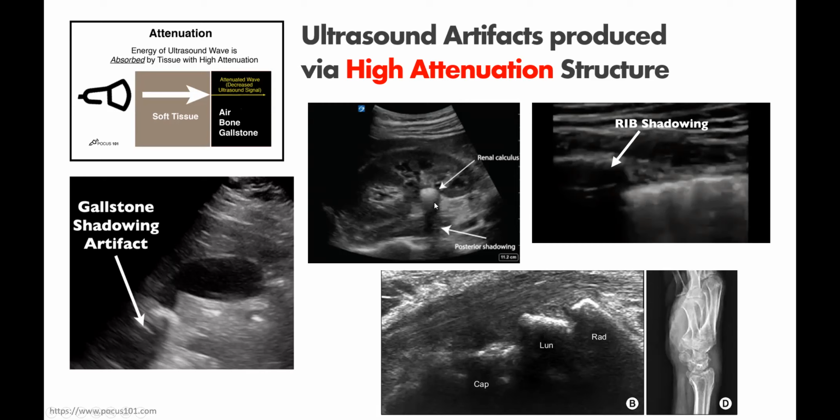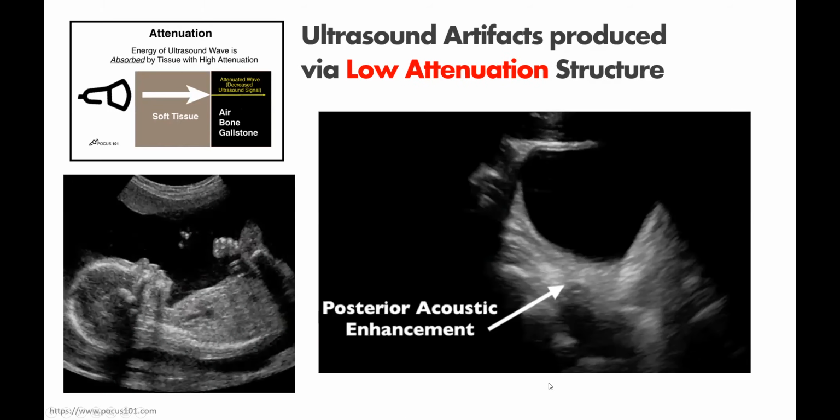Because if there is a structure without posterior acoustic shadowing, that means that the structure is not dense enough, it's not absorbing the ultrasound wave enough. Okay, so this is the example of bones, that have a very high acoustic shadowing behind it. Okay, so another one, the last one, is a low attenuation structure can cause posterior acoustic enhancement.